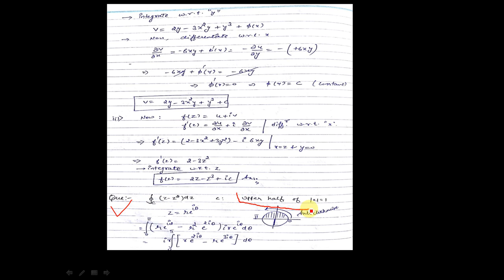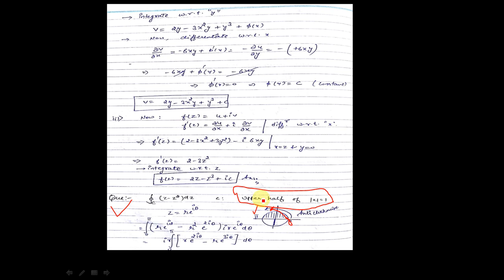This is 0 and this is pi, so by default our limits will be from 0 to pi, and in the polar form z can be put equal to r e raised to the power i theta.